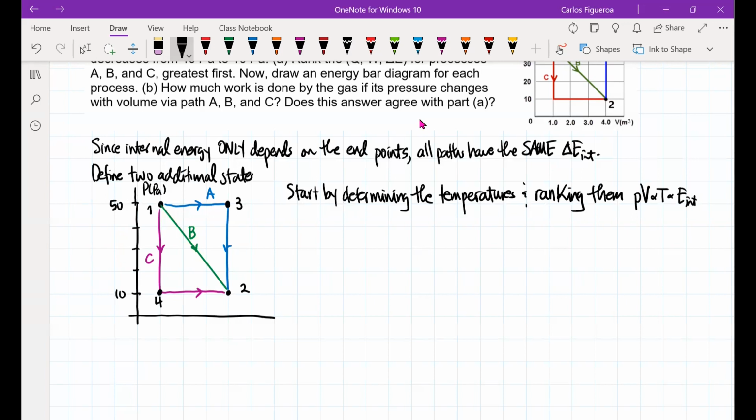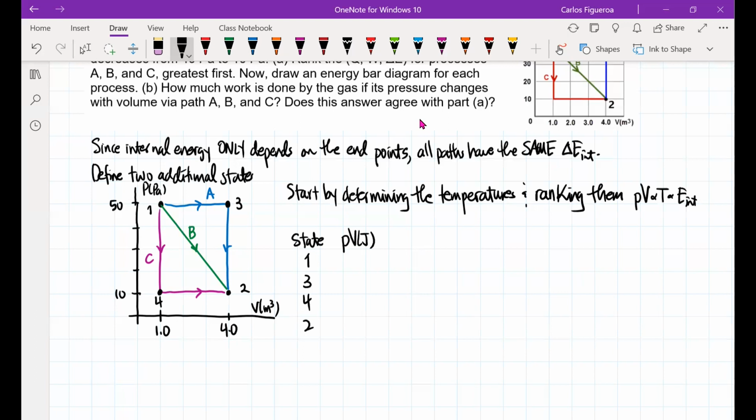So here I go. I have 4 states: 1, 3, and then I can go 1, 4, and then 2. And then I'm going to write this as PV in units of joules. So all I have to do now is just multiply the pressures times the volumes. So this guy right here is 1.0, and this guy is 4.0, and this volume is in meters cubed.